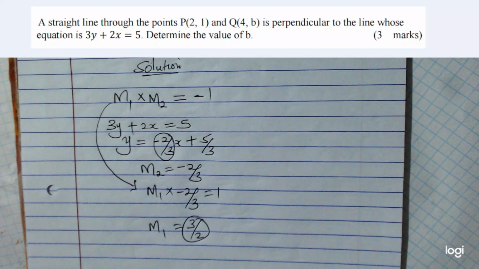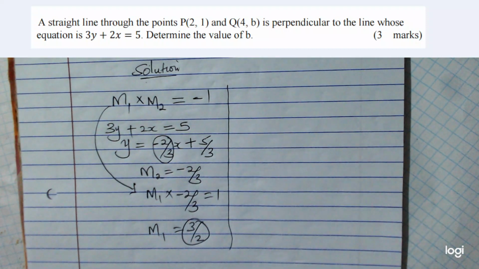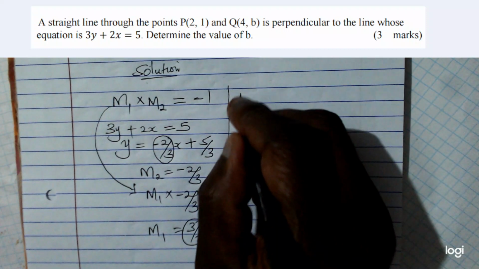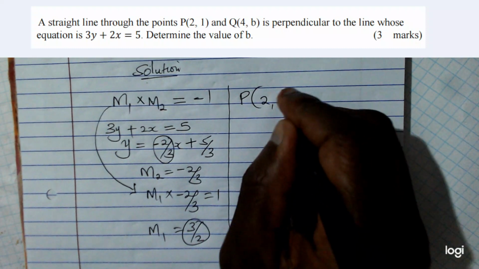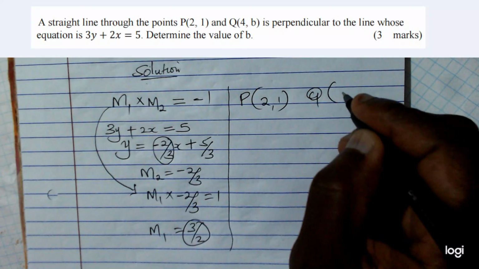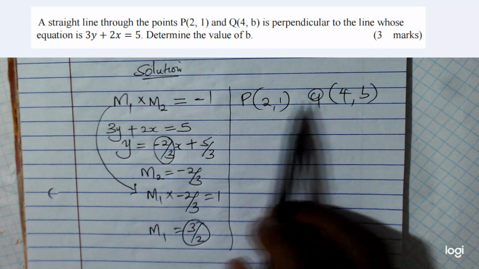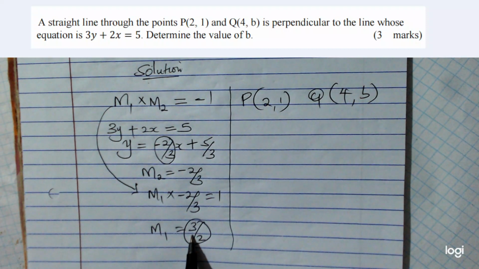So that is the gradient of the line that passes through these two given points. So these are points P(2,1) and Q(4,b).